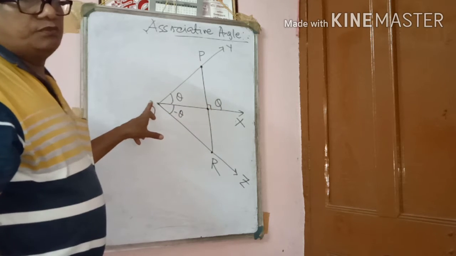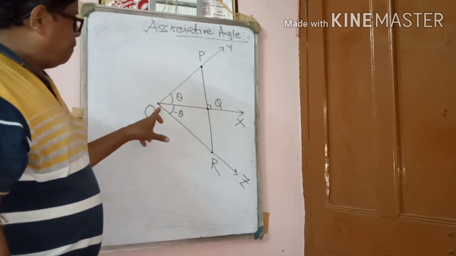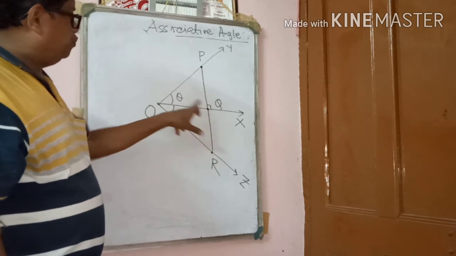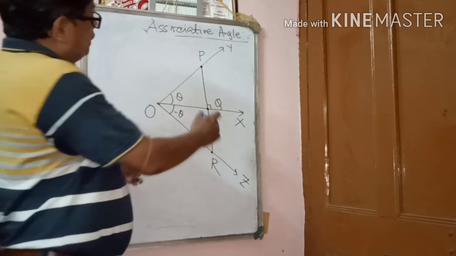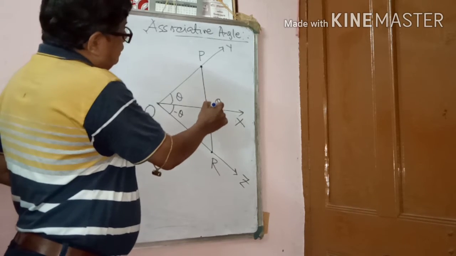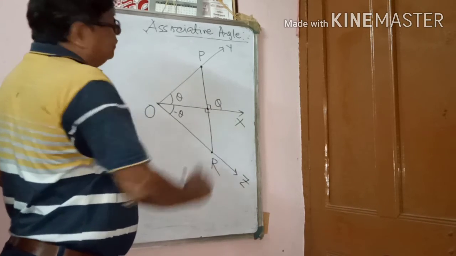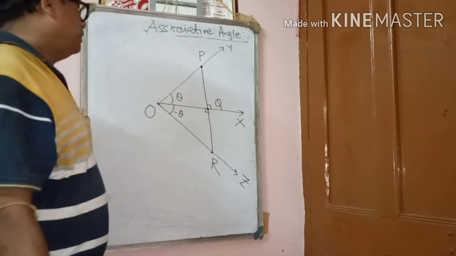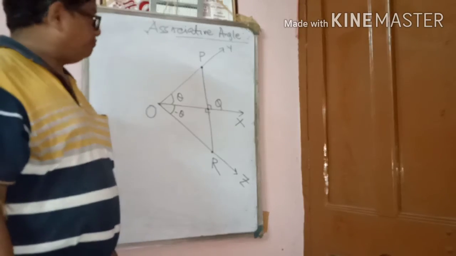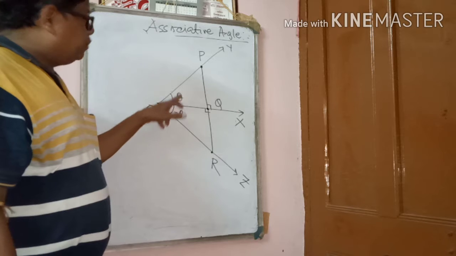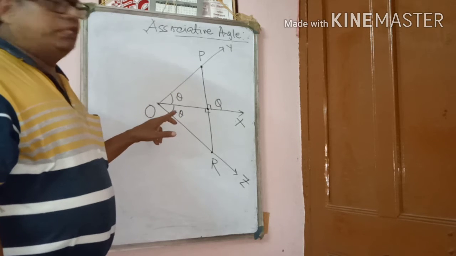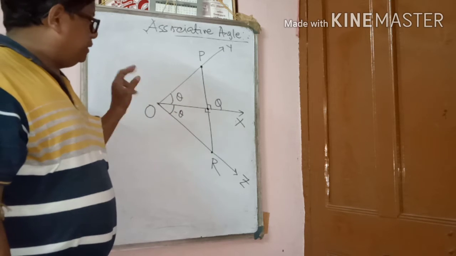See, we have to consider two triangles, PQO and RQO. Both are 90 degree, no? This angle is 90 degree, this is also 90 degree. Now, both the angles are numerically equal.